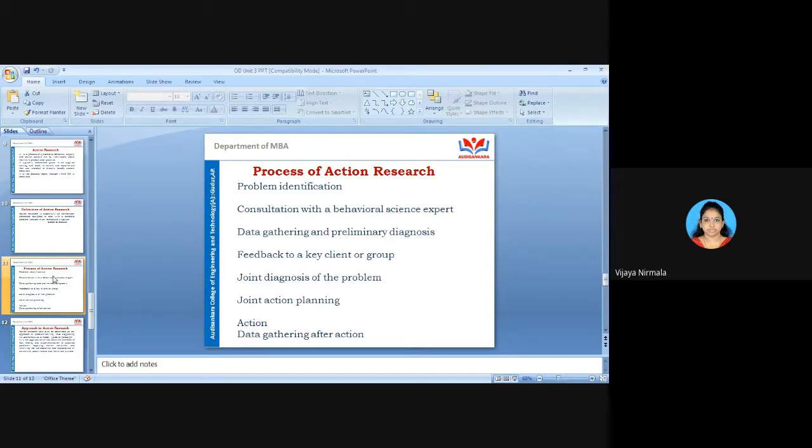So that is done in the second stage, step 2.